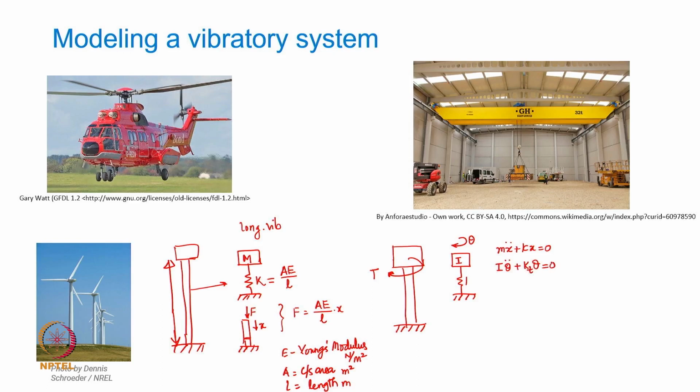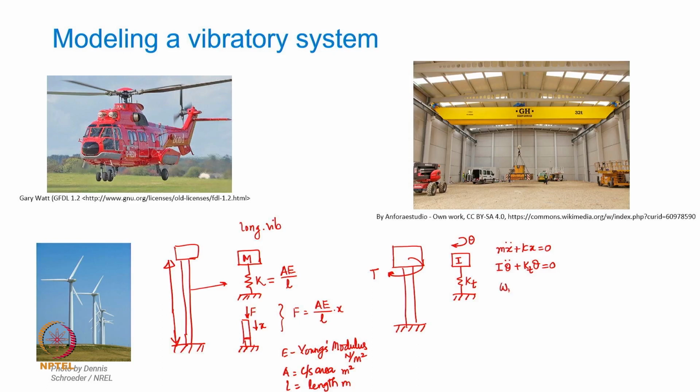You can show that, the way we use Newton's second law for getting the governing equation of motion, on similar lines for a torsional vibratory system you can get the governing equation to be this.